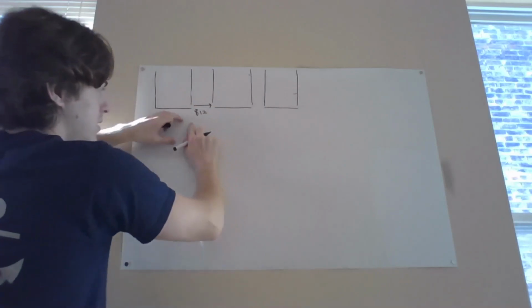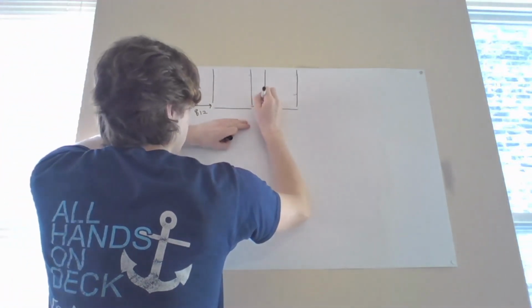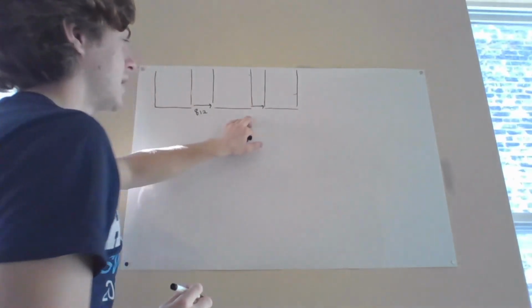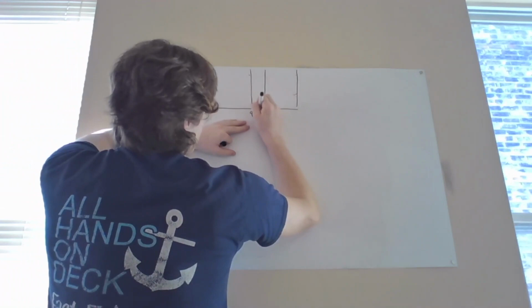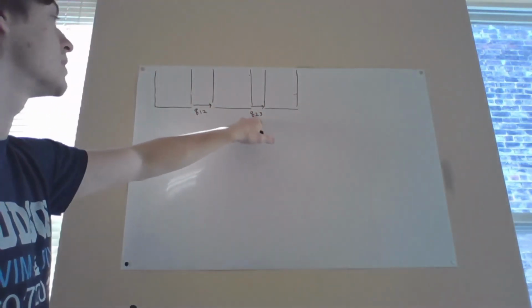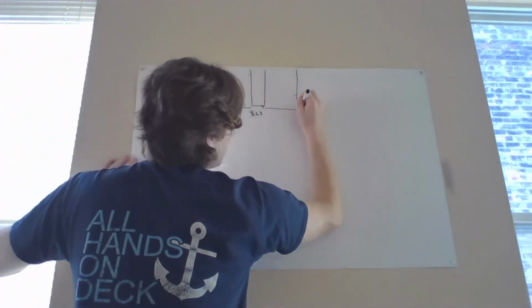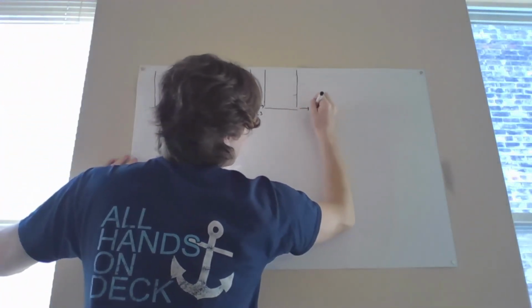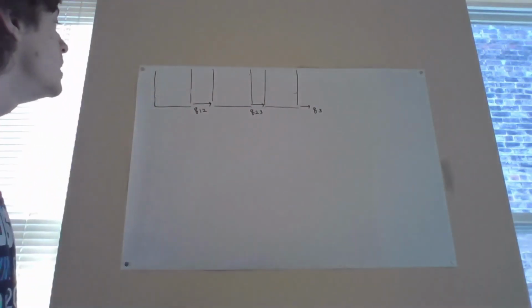So it's the flow rate between tanks 1 and 2. Similarly, we'll have a flow rate between tanks 2 and 3 at the bottom, and I'll call that Q2,3 for the flow rate between tanks 2 and 3. We'll also have a flow rate coming out of the bottom of tank 3, which I will call Q3 for the flow rate out of tank 3.